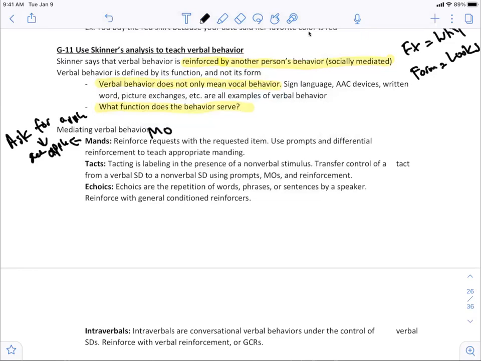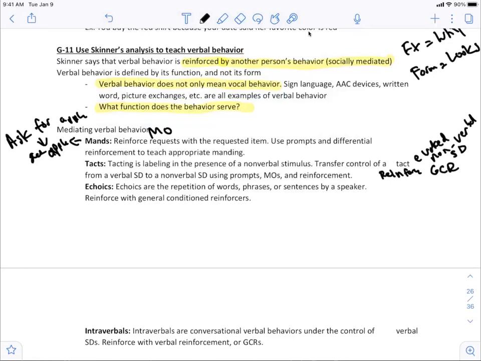Tacts. A tact is labeling in the presence of a nonverbal stimulus. Tacts are evoked by a nonverbal SD, meaning you see something, you label it. Reinforced by a GCR.